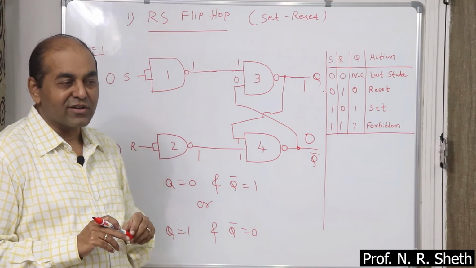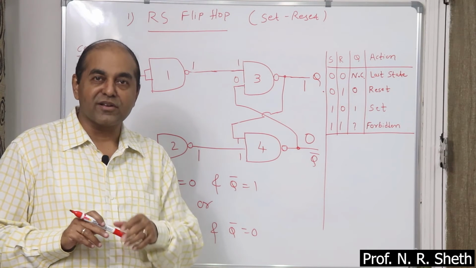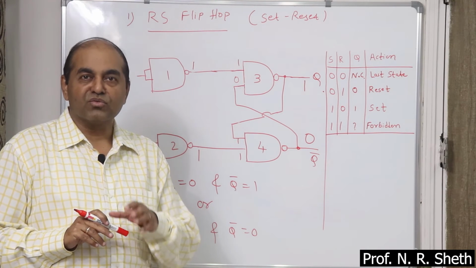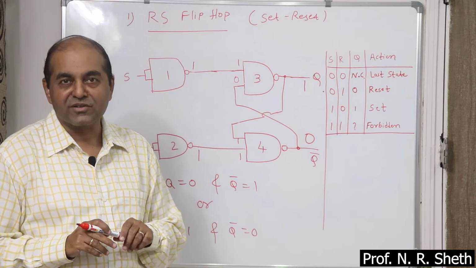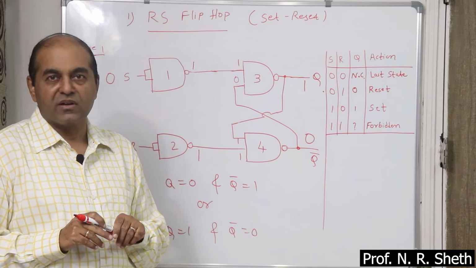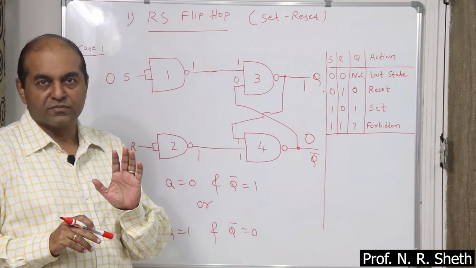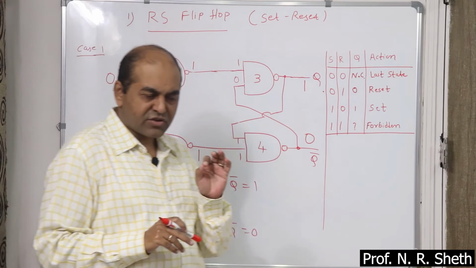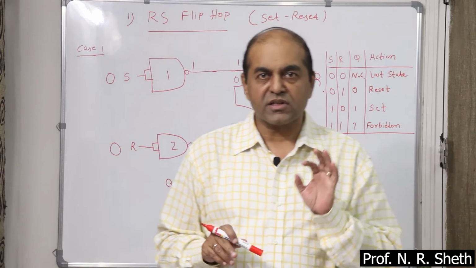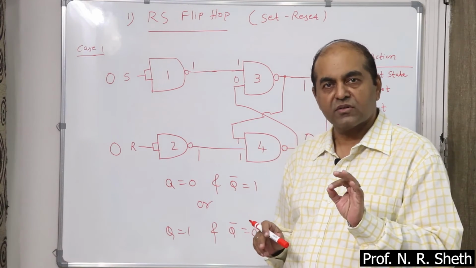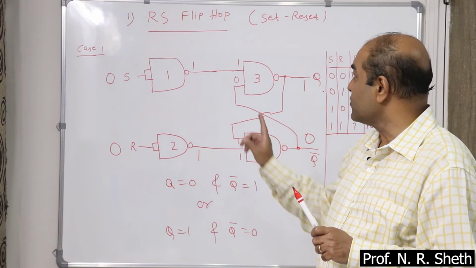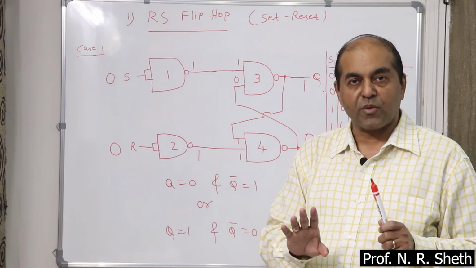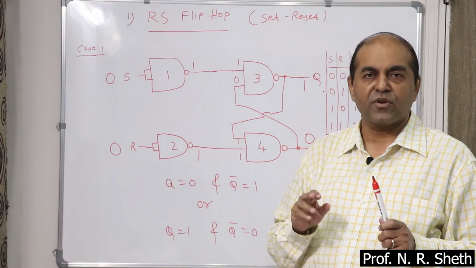I discussed this case in the last part because it is a little bit complicated. Don't think that flip-flop is a very tough subject. It's very simple, extremely logical. Just apply your mind in the proper direction. If you understand the RS flip-flop properly, the remaining flip-flops are very simple.